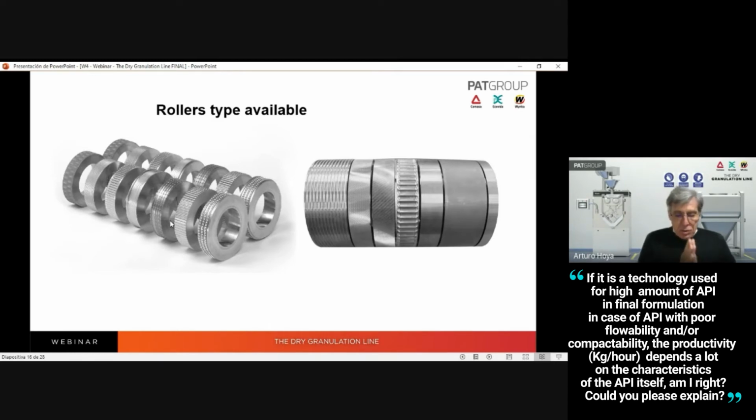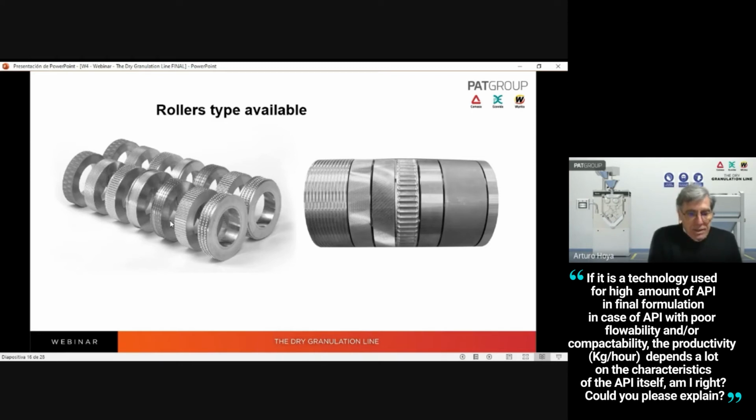This is due to a bad reworkability of the plastic powder, because you have two compactions. The first is in a roller compactor or in slugging.